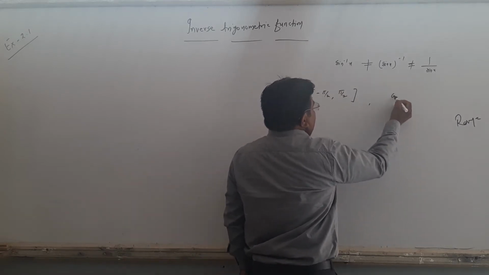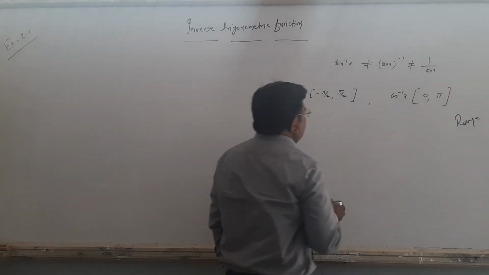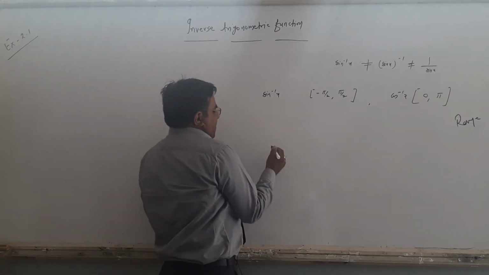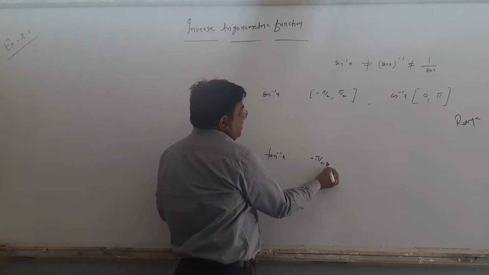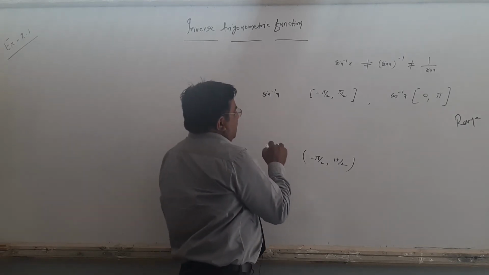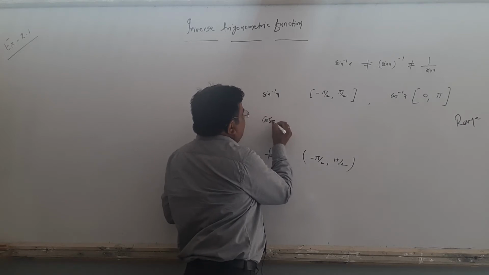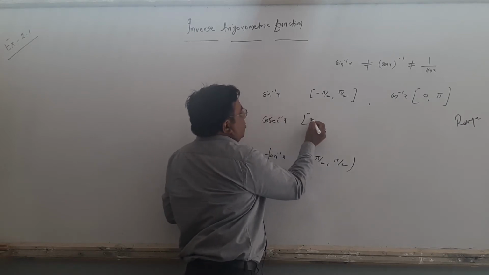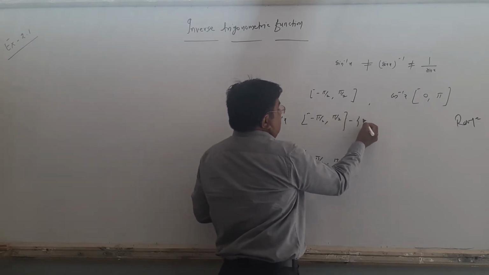What is the range of cos inverse x? It is the closed interval 0 to pi. The range of tan inverse x is minus 90 to plus 90, but instead of a closed interval it is an open interval, denoted by small brackets. The range of cosec inverse x is the closed interval minus 90 to plus 90 except 0.